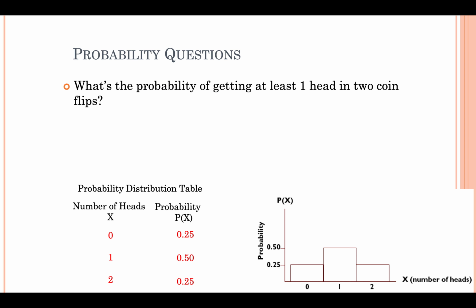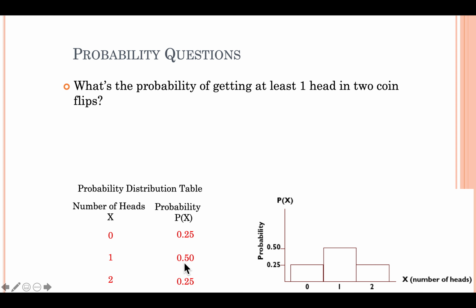What's the probability of getting at least 1 head in 2 coin flips? So we can either look at our distribution table or our histogram. At least 1 represents the numbers 1 and 2. So for x equal 1 and x equal 2, at least 1 would be the sum of the probabilities for p of 1 and p of 2.